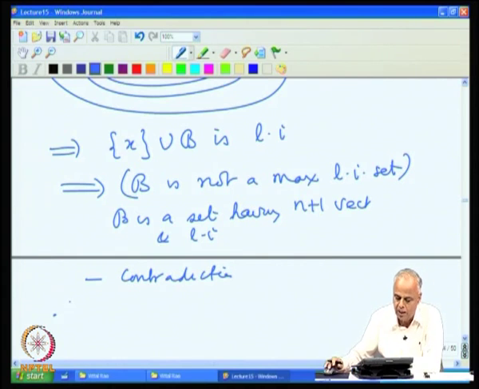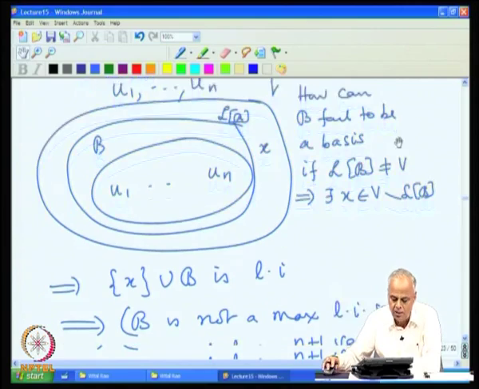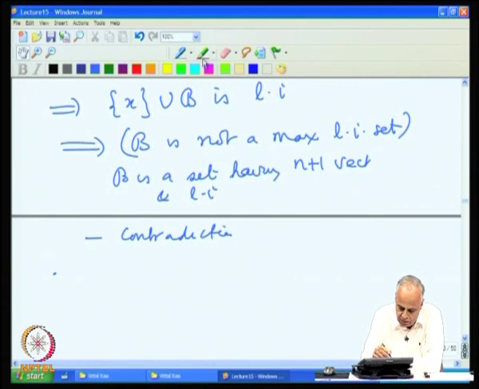Therefore, our assumption that L(B) is not equal to V is false, and hence B must be a basis.